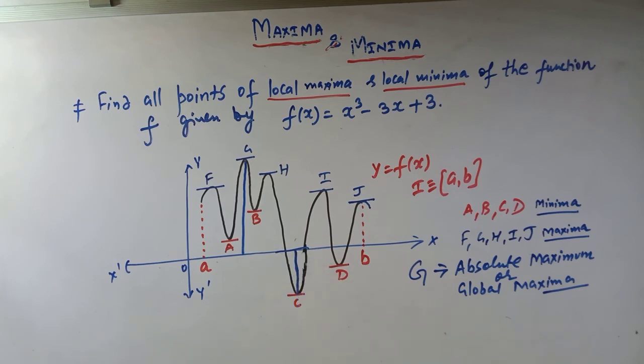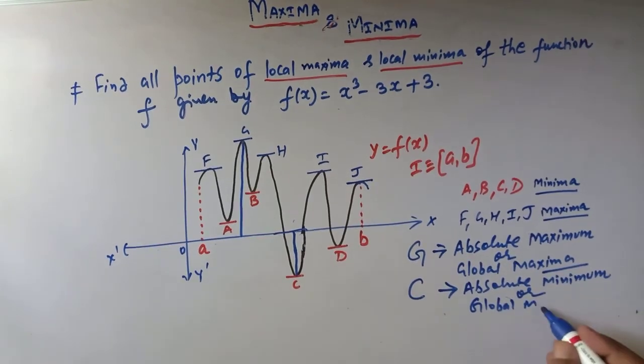So this point C is known as the absolute minimum, or global minimum.